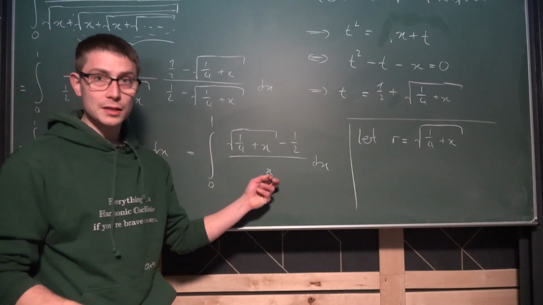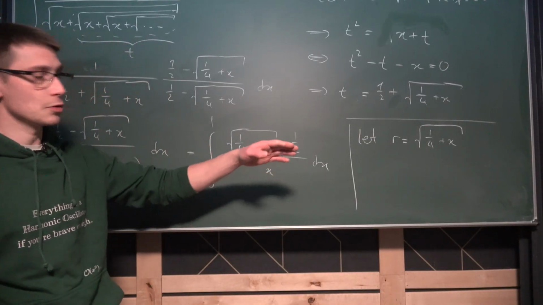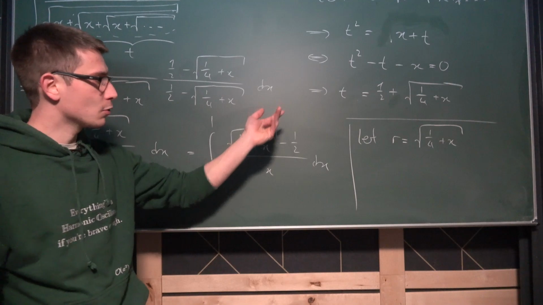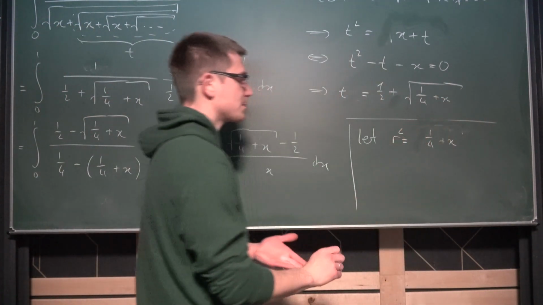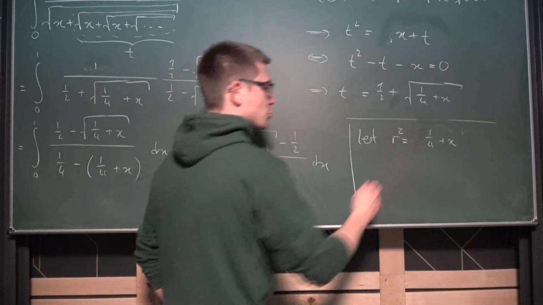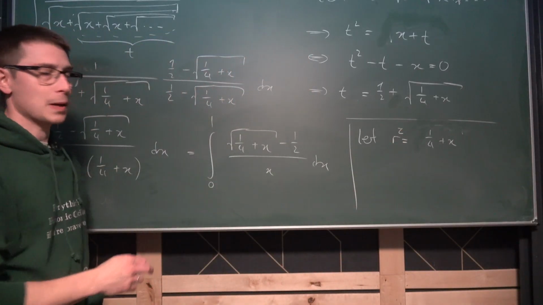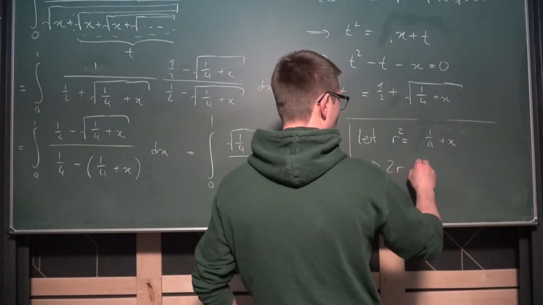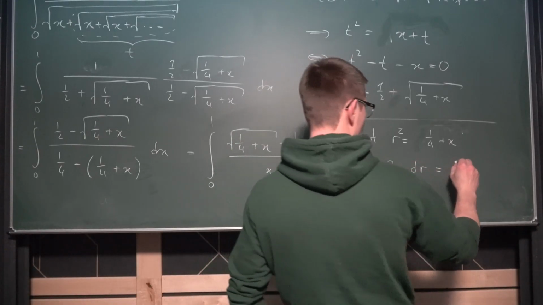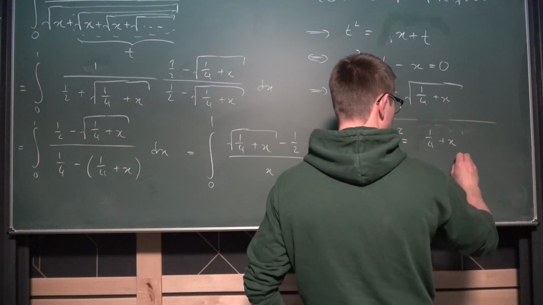We have x down here, so we need to solve for x to have it with respect to r. So we are going to square both sides. So our substitution is actually just r squared is equal to 1/4 plus x. Implicitly differentiating both sides gives us 2r dr is equal to just dx.